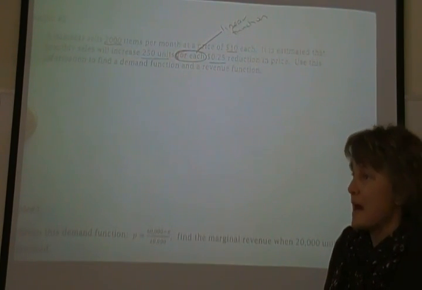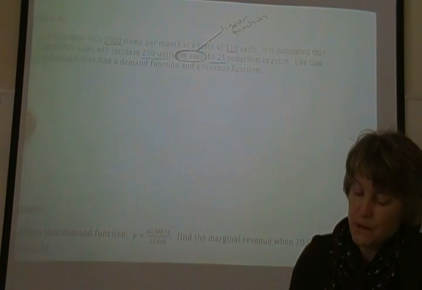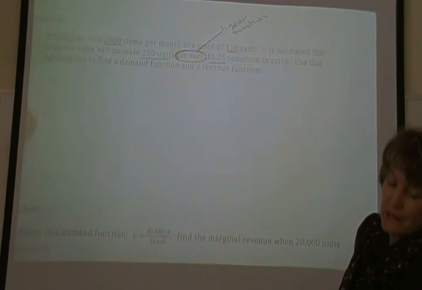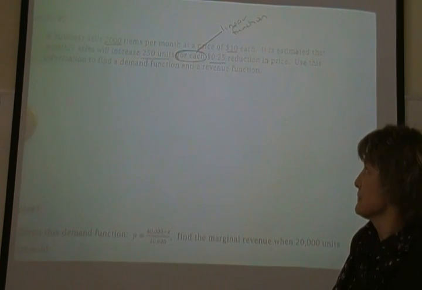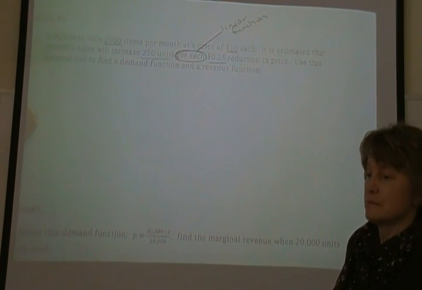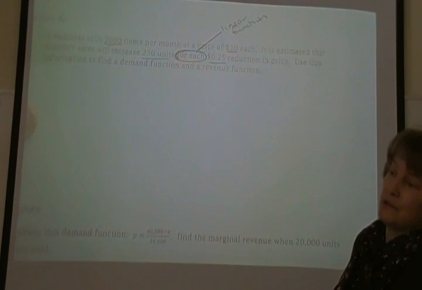Well, that's not reality. In reality, things don't happen in a linear way like that. If you drop the price from $10 to $9.75, maybe you'd sell 250 more units. But if you dropped it again, 25 more cents, probably not going to make exactly 250 more units.